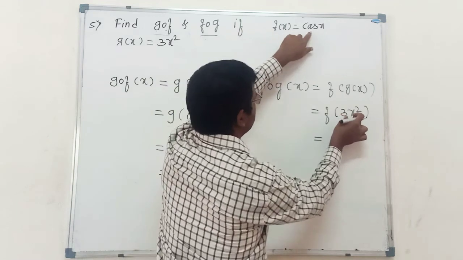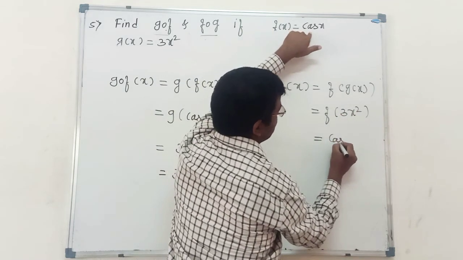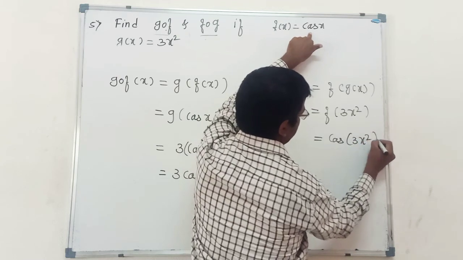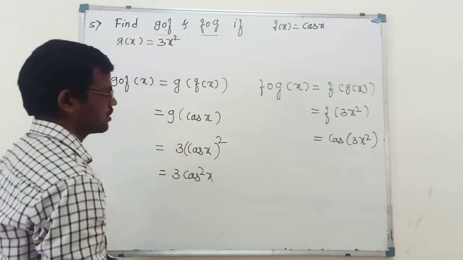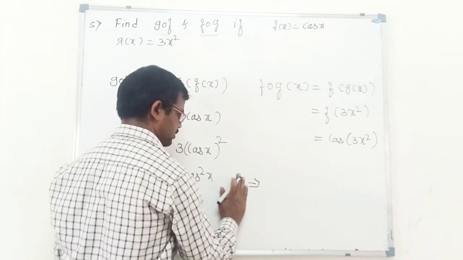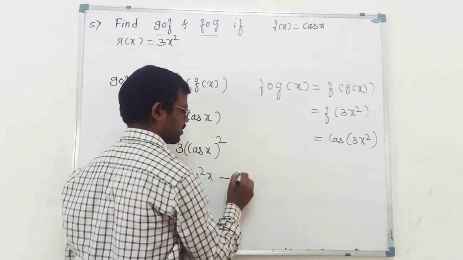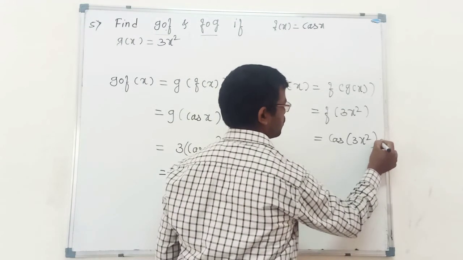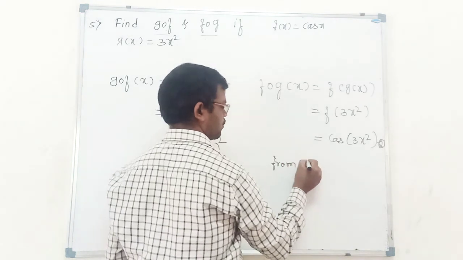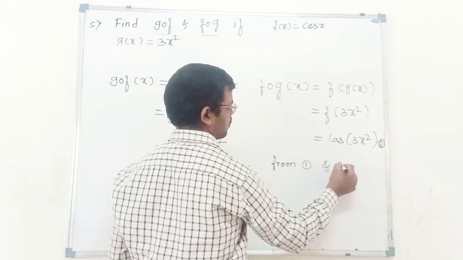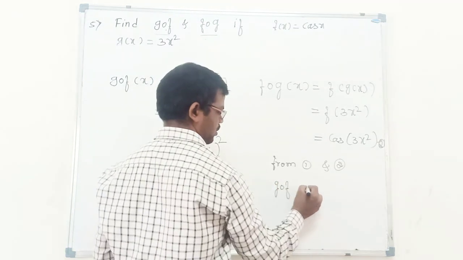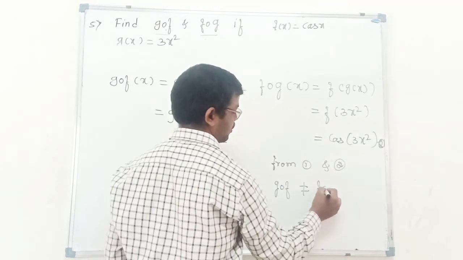So f of x means cos x, so cos 3x square. So both are not equal. It implies that, let me take it as 1 and let me take it as 2. From 1 and 2, g composition f is not equal to f composition g.